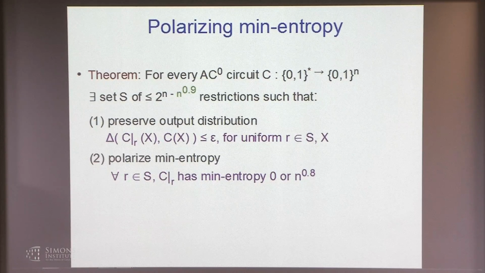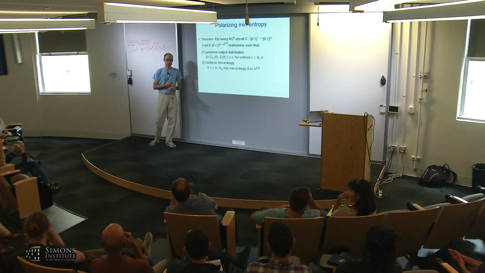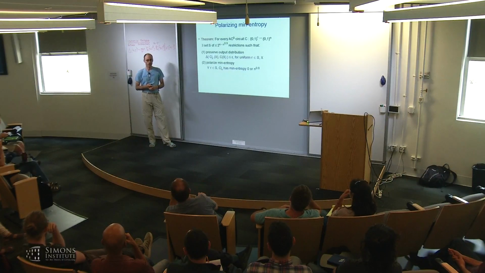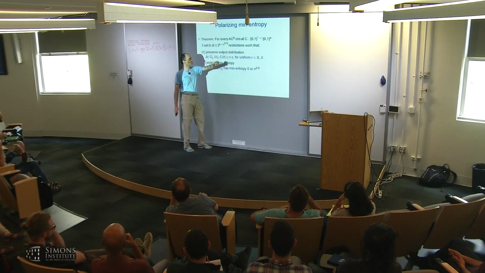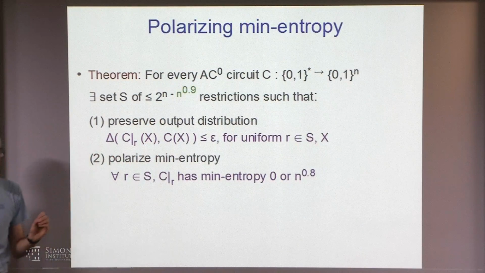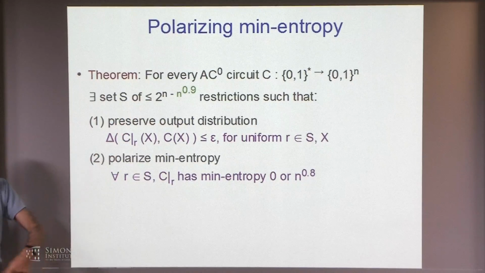But in this polarization, the theorem says for every AC0 circuit. So where does the proof use the AC0 assumption? First you prove it for, say, d-local functions. And then you go from AC0 to those. The way you do it is you hit it with a random restriction and use the switching lemma.